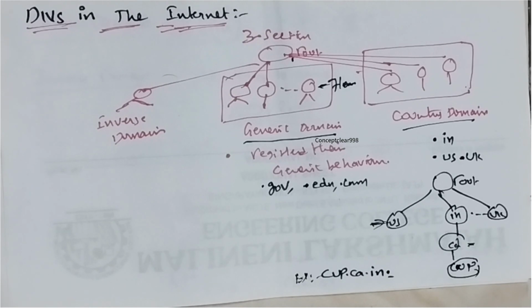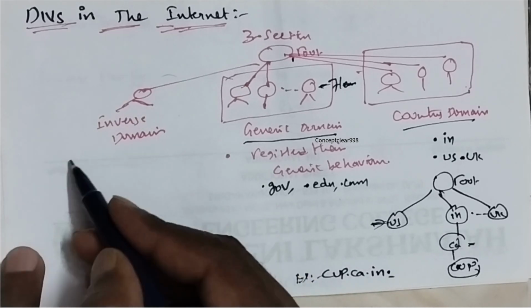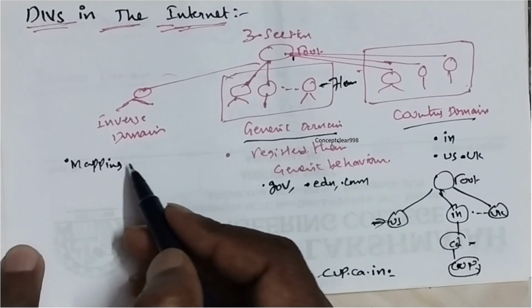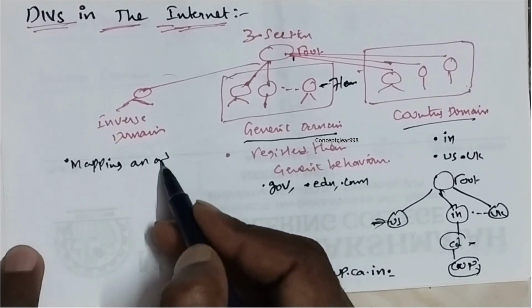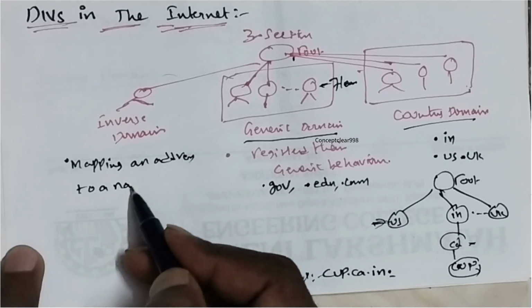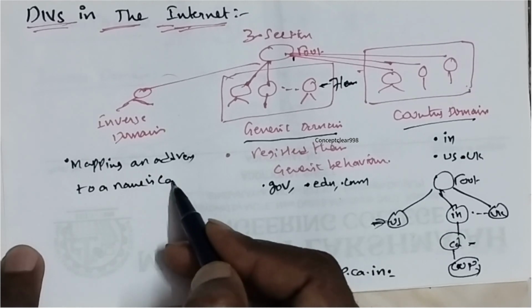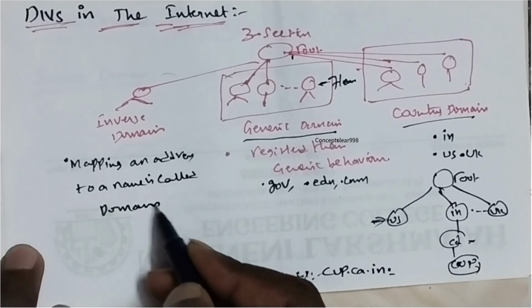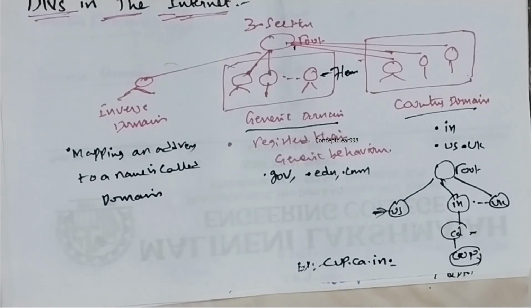And the last one is inverse domains. Mapping an address to a name is called inverse domain. The client can send an IP address to the server to be mapped to a domain name, which is called PTR.